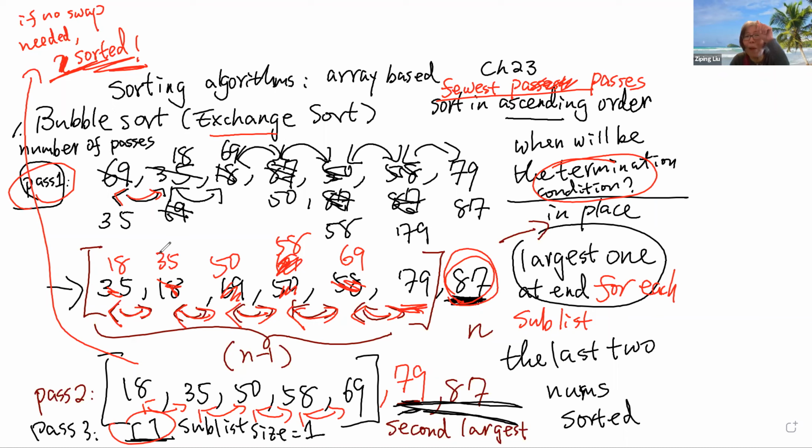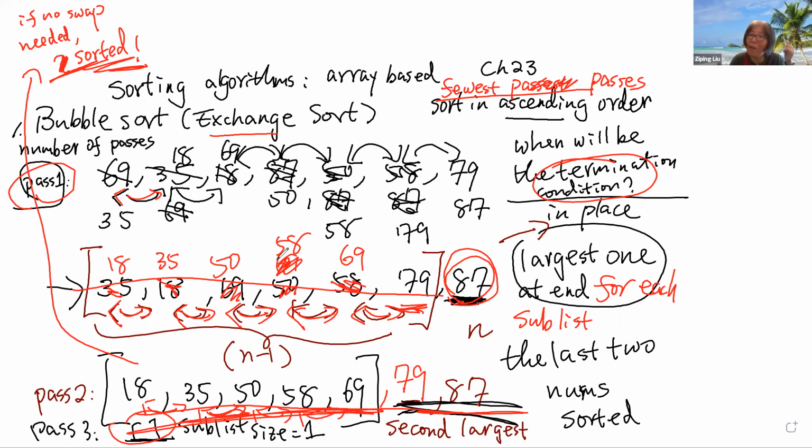Basically just one pass will solve the issue. What's that case? If the list is already sorted. Just think about if your whole list is already sorted, you just compare and you know it's sorted. So that's it, it's done.